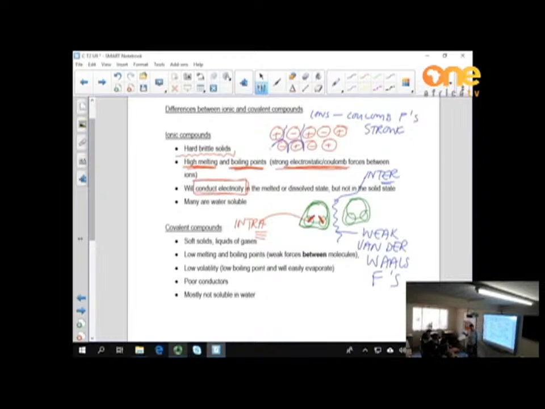In the solid state, the charged particles are held fixed in a crystal lattice. All right? To be able to conduct electricity, the charges must be able to move. So when I melt a salt, or when I dissolve a salt in water or any other liquid that it dissolves in, we will find then it will conduct.